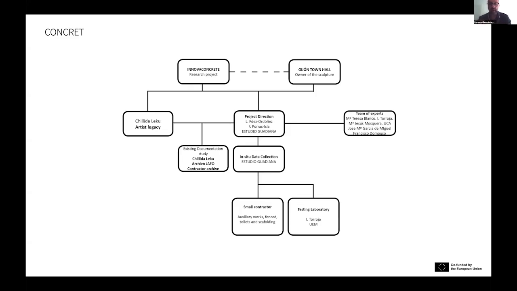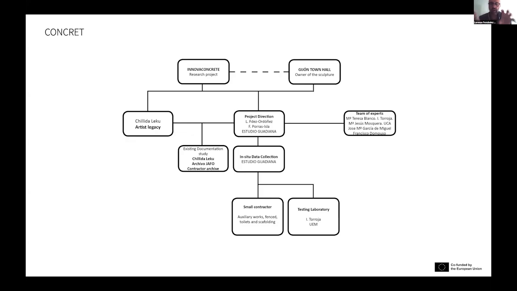We have to dig in also from my father's archive, the Chillida Leku archive, the contractor archive, to see what we find there. And also we had in our team the concrete experts, which in Spain were the University of Cádiz and the Eduardo Torroja Institute.